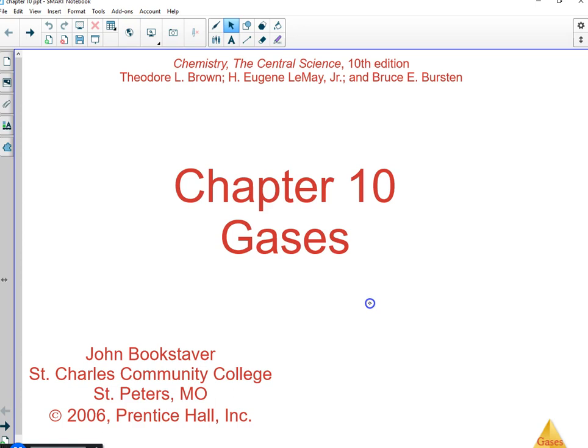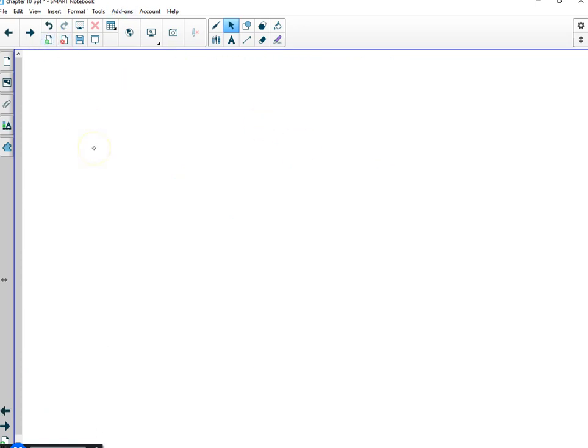So Chapter 10 is all about gases, and it's pretty much one math equation, and that's all we're going to focus on today. We'll worry about its derivation and all its interesting aspects when we get back.